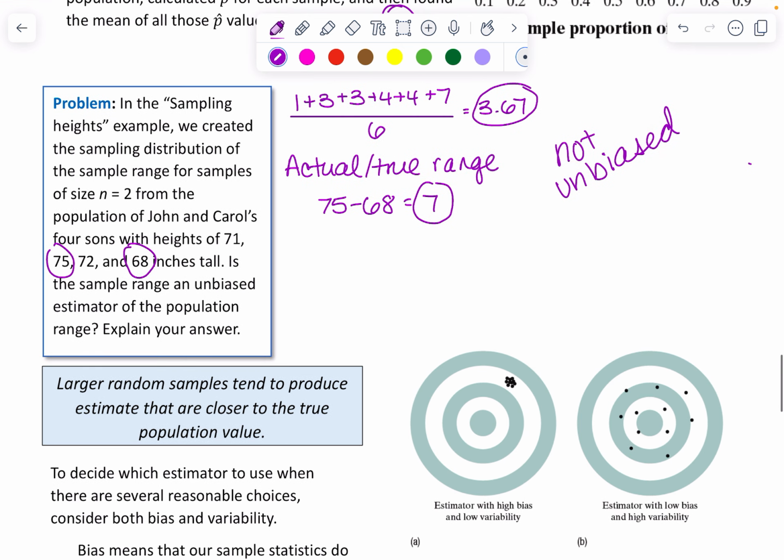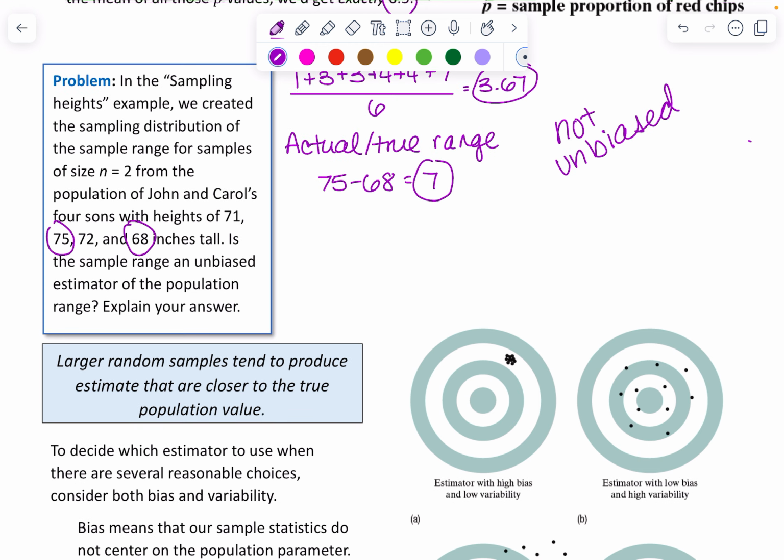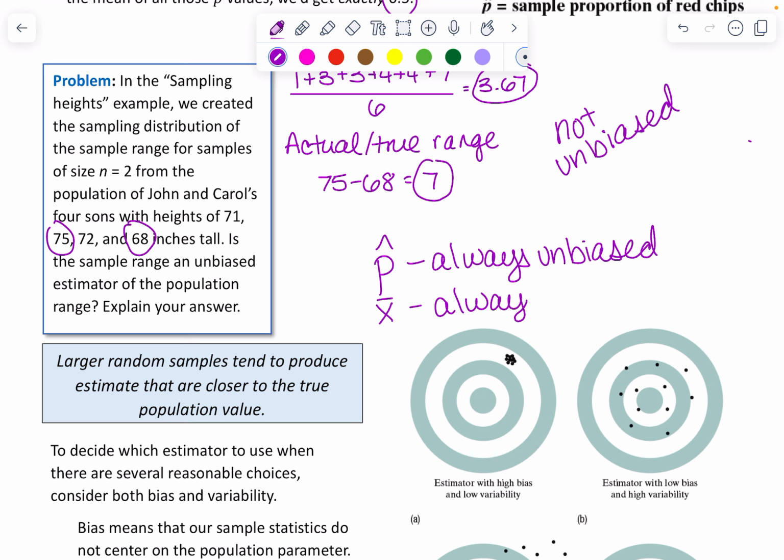Now, what I will tell you is that p hat is always unbiased. And the same thing with x bar, this is always unbiased.